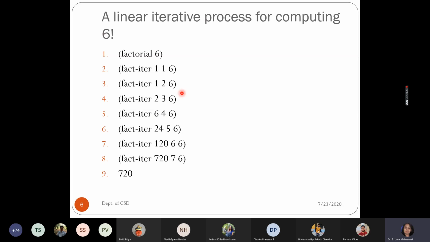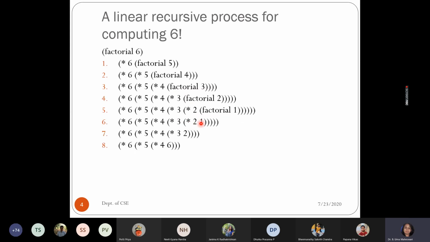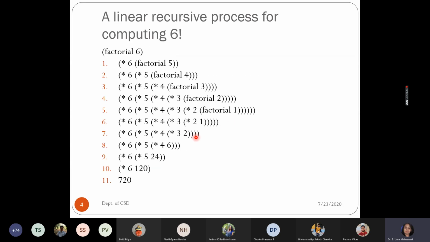Okay, but are you saving in terms of CPU computation? Can you compare this particular procedure with the previous one? In terms of computation, are you saving anything here? Okay, if you look at the counter, there is a multiplication, right? Counter into product. Here also there is a product. So surely you have to do the multiplication. And the counter is incremented. Here, is there anything like that? After all, the n value is decremented, right?